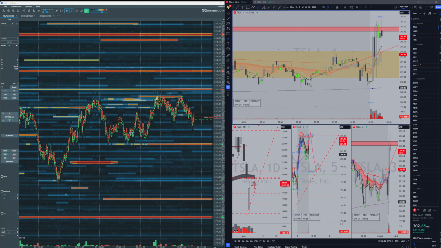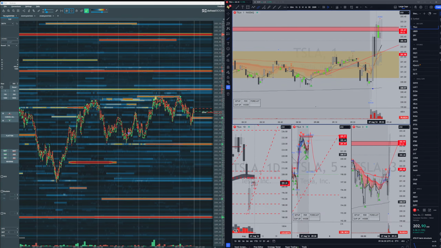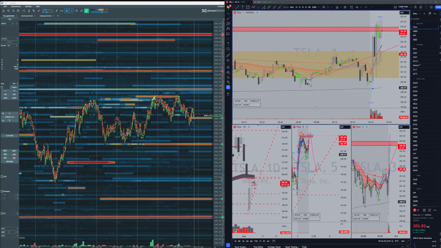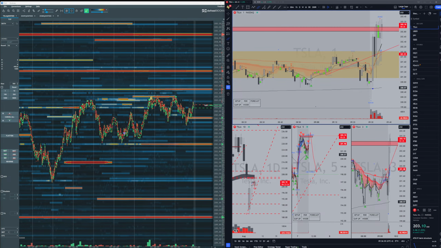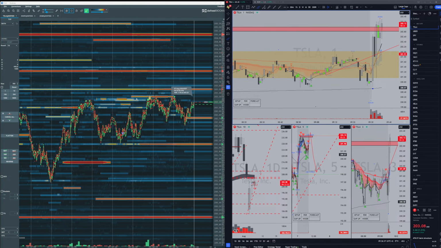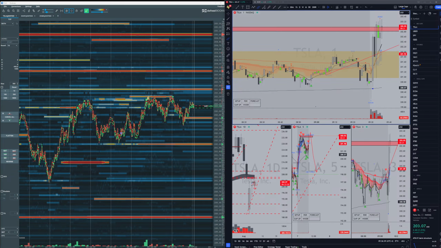By the way, Nvidia, nice J-line curl. Anybody with me on Tesla? So one win, one stop. ZCMD is our short working. SHOP is our long working. So major play.